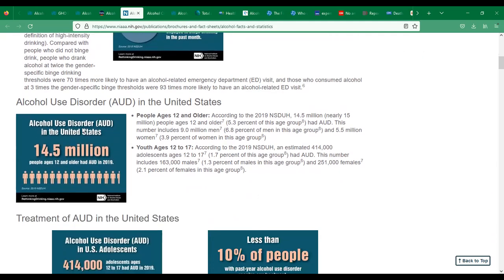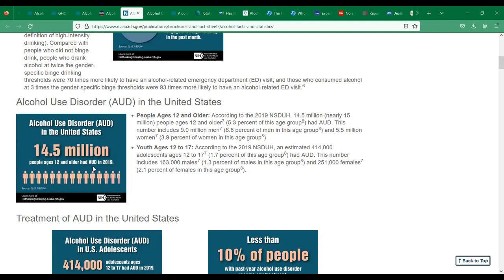What is it? Alcohol use disorder in the United States. You have 14.5 million people age 12 and older who had alcohol use disorder in 2019.